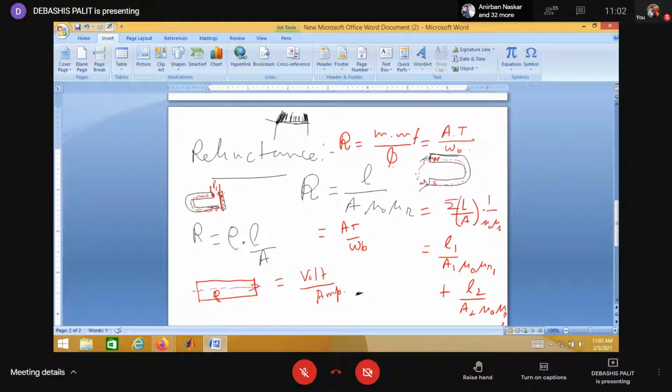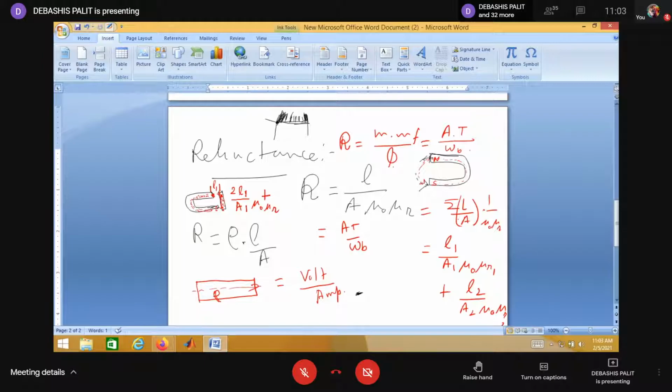So twice L1 is the path through which the flux is traveling in the magnetic material, and the effective cross section you can take. This is the effective cross section, same cross sections like this.